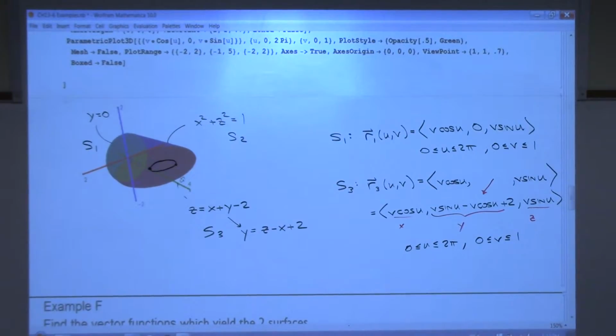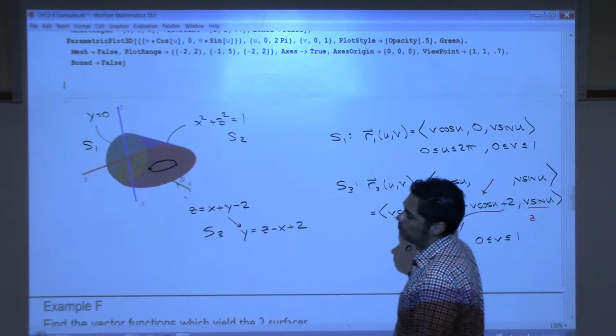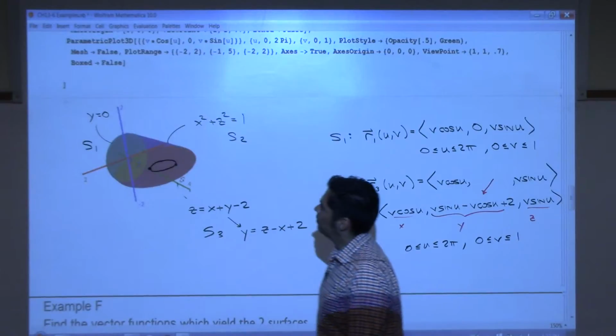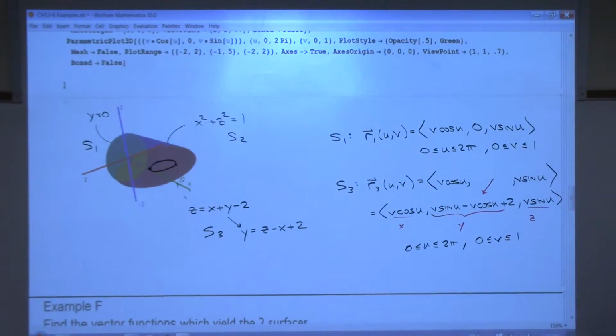Okay, what about S2? It's a cylinder, but you're cutting it between two planes.